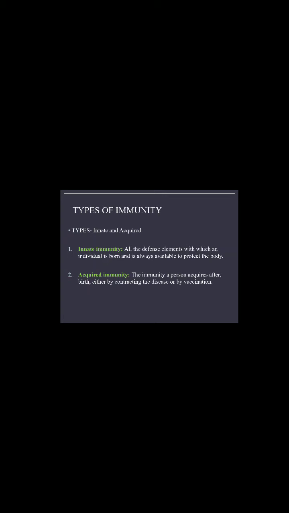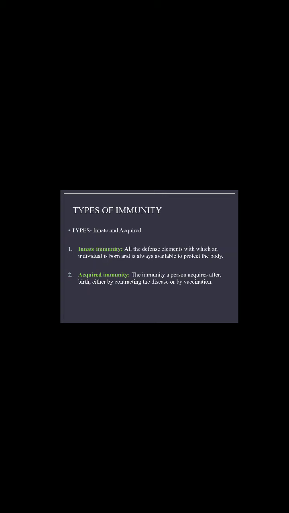This immunity is present with us since birth. All the defense elements with which an individual is born and is always available to protect the body. So innate immunity is the immunity which we get since birth and protects us from various infections, from various pathogens.